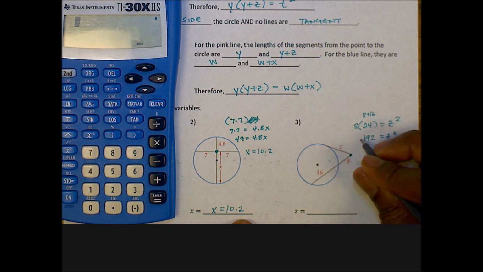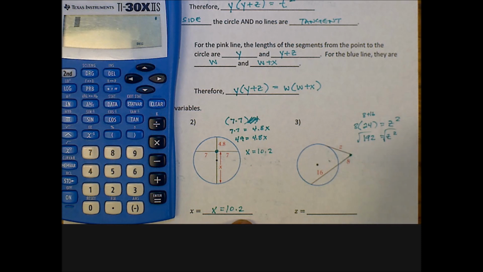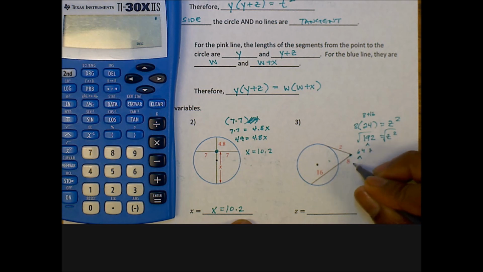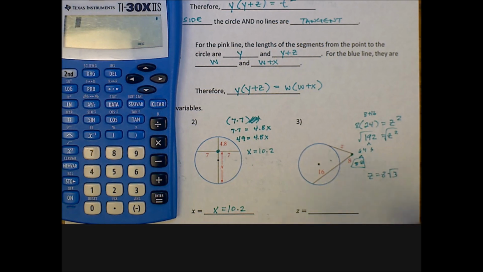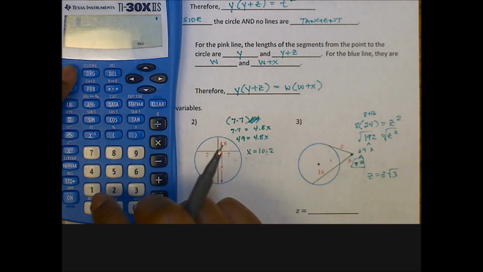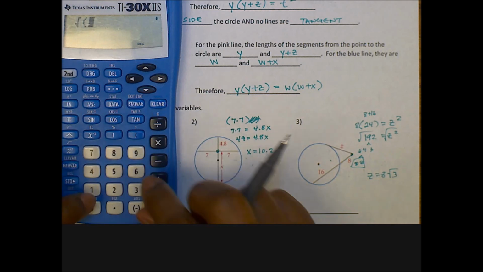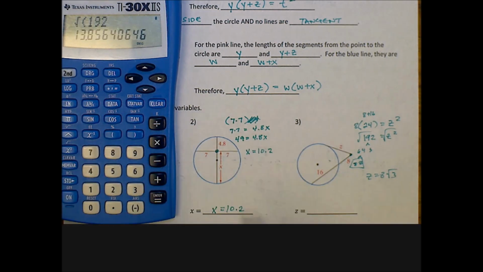Take the square root of both. 64 times 3. So our answer z would be 8 radical 3 if they asked us for it as a simplified radical. But if not, we just had to round to the nearest tenth. We could do square root of 192, which would give us 13.9.